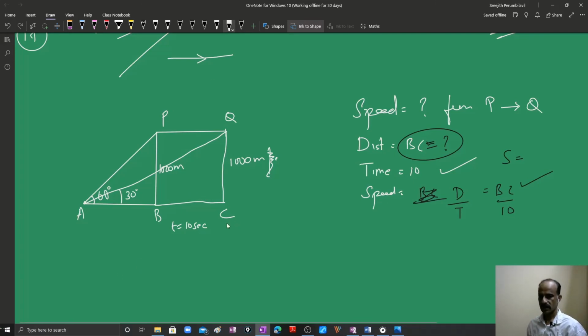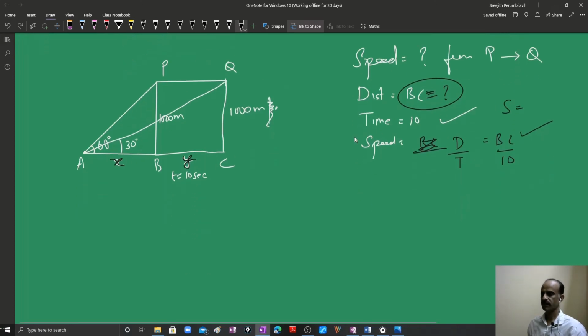Fine. So let AB be equal to X and BC be equal to Y. Y is what we need, then we can substitute it here.